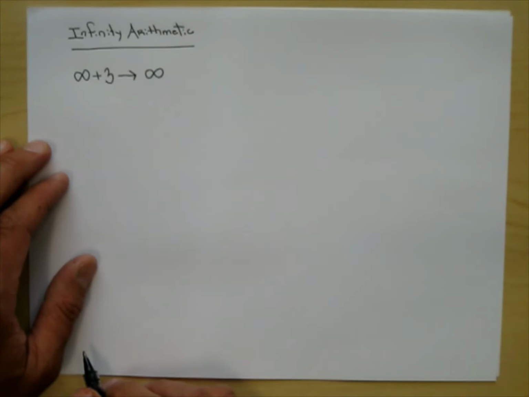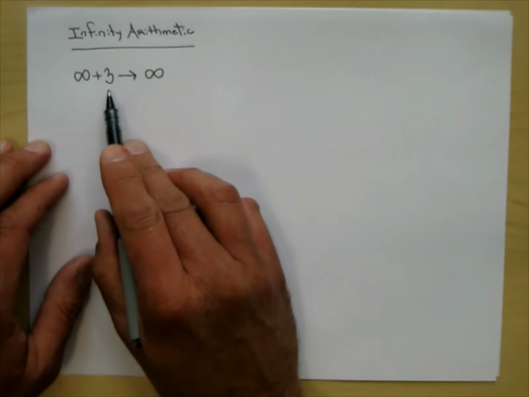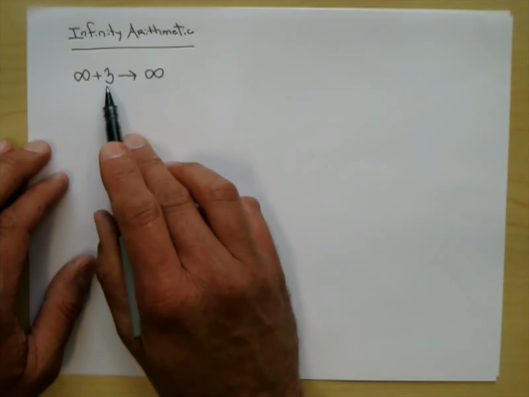Okay, so adding a number to infinity, like 3 or 7 or 5 or even a negative 11, it's still going to go to infinity. This is going to help us a lot. Now, a lot of calculus books will not write the infinity arithmetic. That's all right. We're doing things our way.